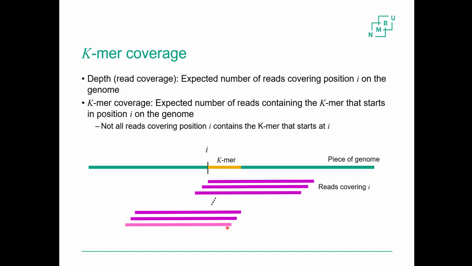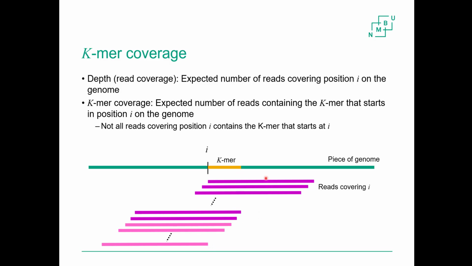And eventually you can see here we have a read which is also covering position I, but it doesn't contain that k-mer because it ends too soon here. So I changed the color slightly here. These last few reads that I list here in a slightly lighter color, they all cover position I, but they don't contain this k-mer because they end before the k-mer is found, you could say.